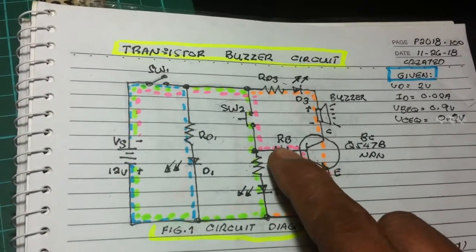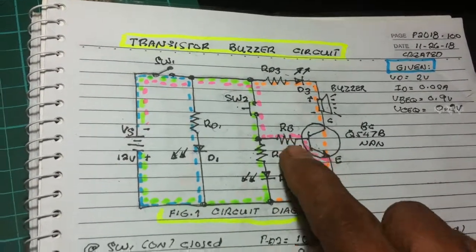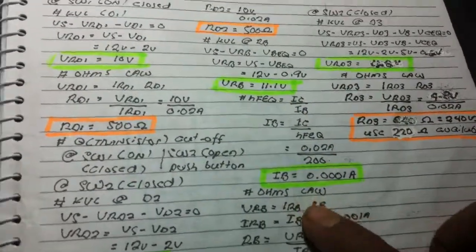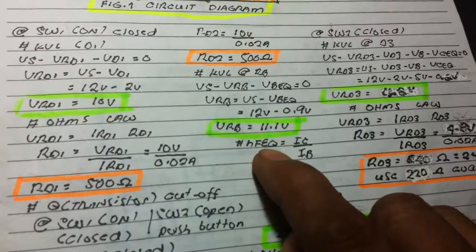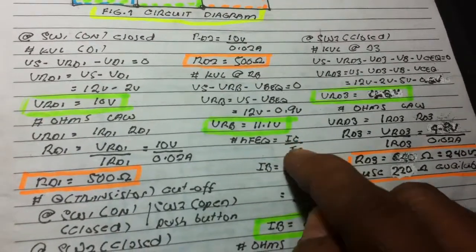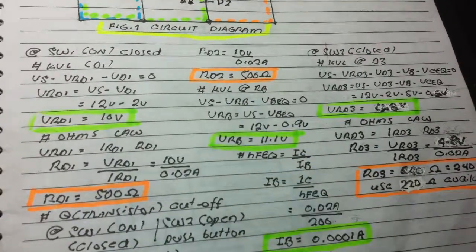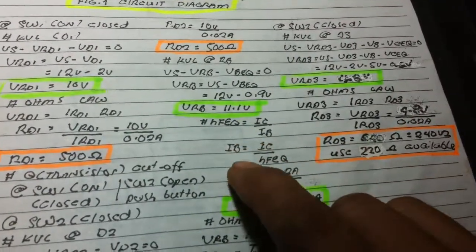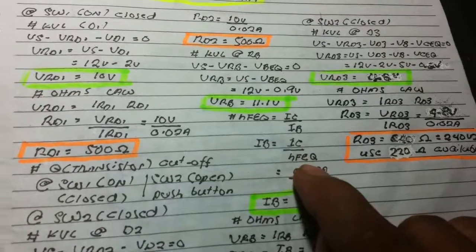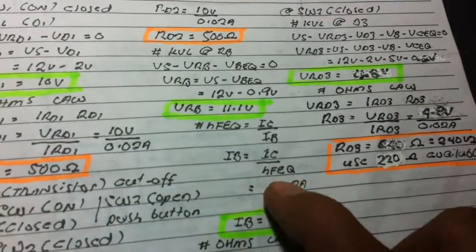To calculate the base current of the transistor, we use the transistor current gain formula, HFE, is equal to IC over IB. This is a transistor formula. By transposition, we get IB equals IC over HFE.